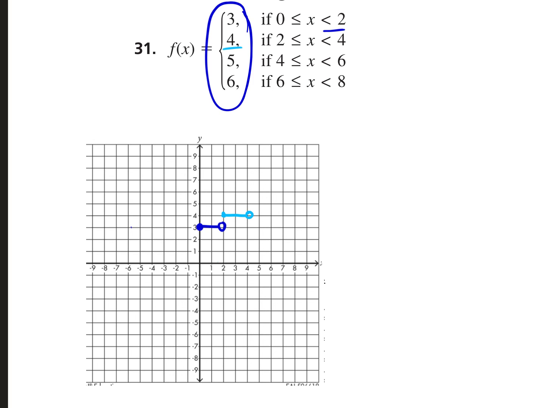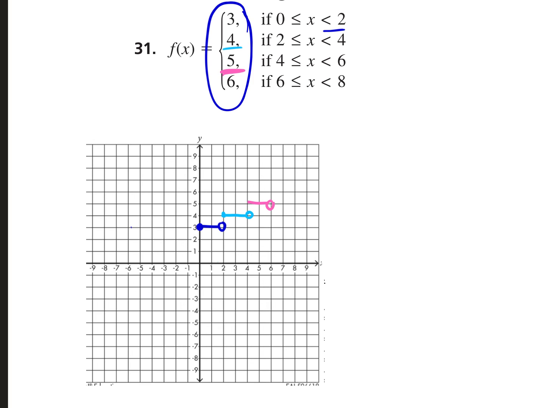All right, let's look at the third piece, so 5. I'm going to put a line at 5. What are my x values here? 4 and 6. So I'm going to erase everything that's not in between 4 and 6. Which number gets the open circle? 6.